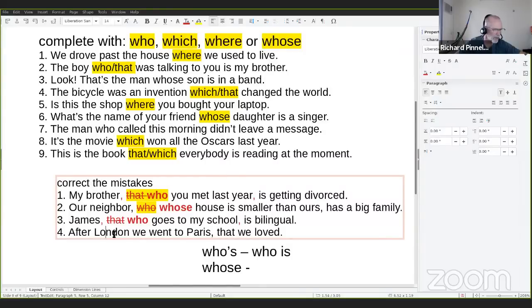After London, which, yeah, because again, here we got a comma. So this again is a non-defining. That means this information is extra information. After London, we went to Paris. This is the important information. And this is non-essential information. When it's non-essential information, we cannot use that as the relative pronoun. We need to use which.